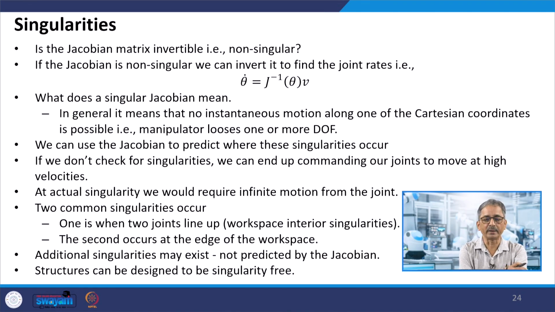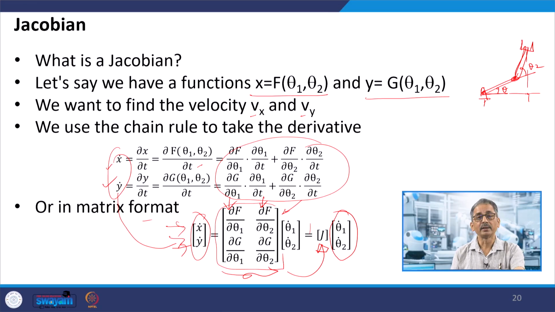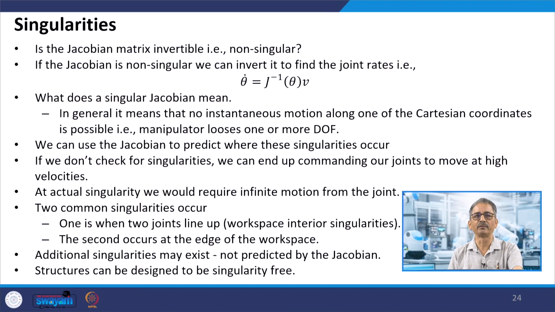The next important concept is that of singularity. The Jacobian basically relates the joint velocity vector with the Cartesian velocity vector. So what happens if I am interested in calculating the joint velocity vector? Then naturally I have to take the inverse of the Jacobian and multiply it with the Cartesian velocity vector. So what happens if the Jacobian is not invertible?